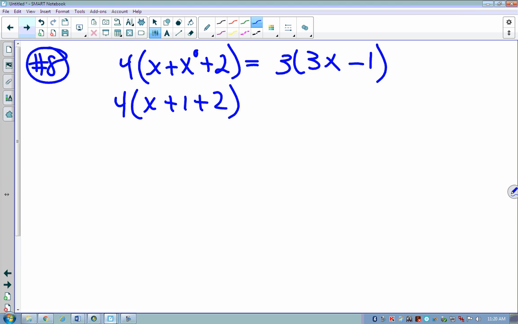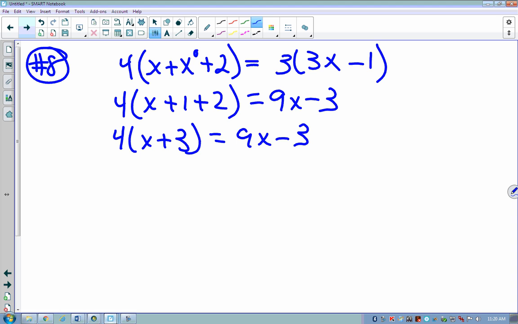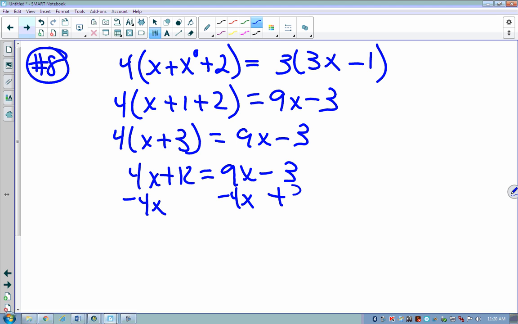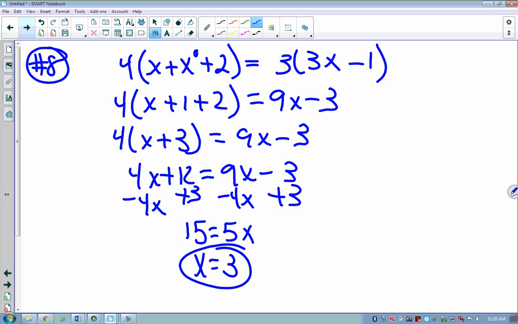I don't necessarily cancel it out in this case, because it's not all multiplication. Over here, I'm going to get 9x minus 3. Okay, this is 4 times x plus 3 equals 9x minus 3. 4x plus 12 equals 9x minus 3. Subtract 4x. Add 3. 15 equals 5x. Divide by 5. X equals 3.